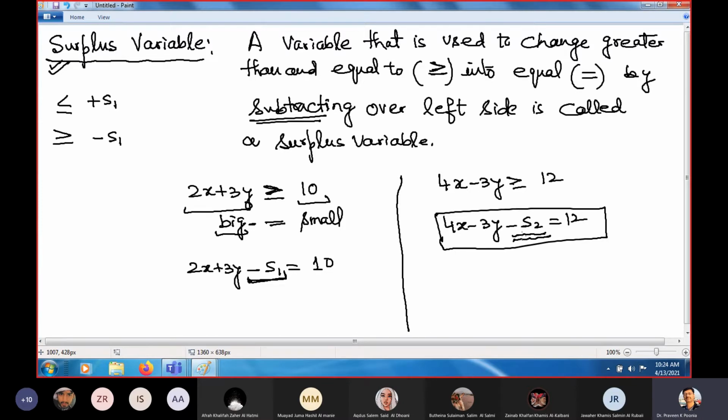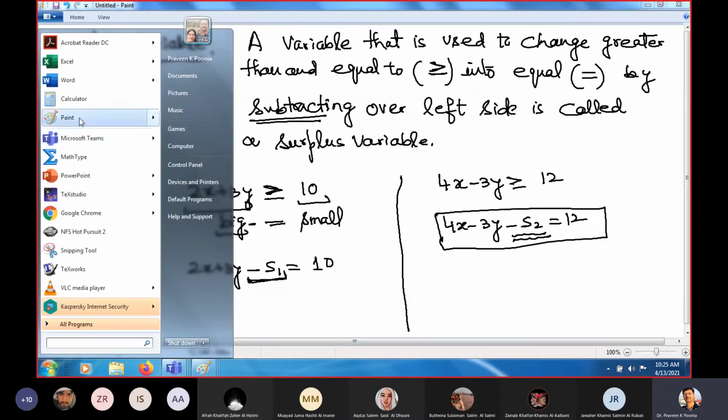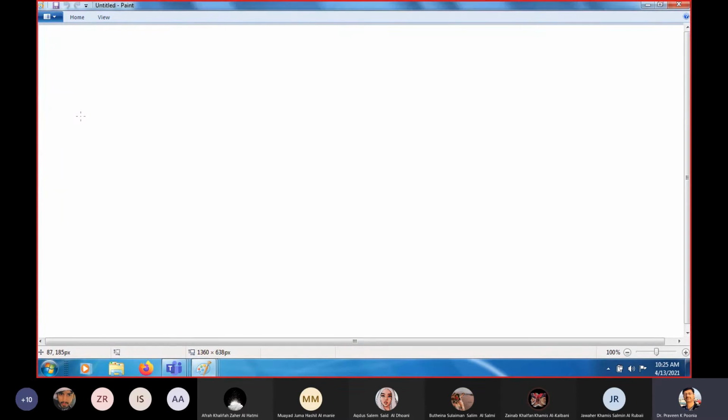This is how we are changing any inequality into equality. So if less than is there, plus s1. If greater than is there, minus s1.